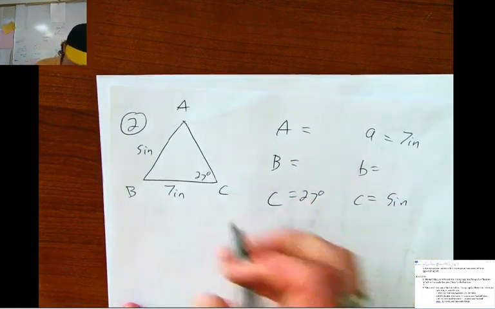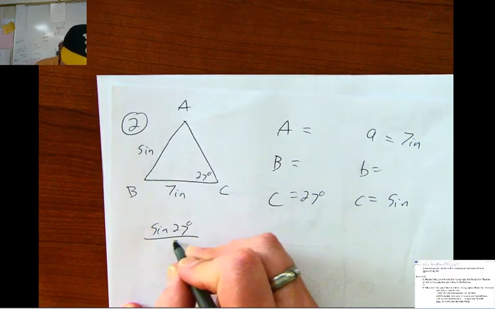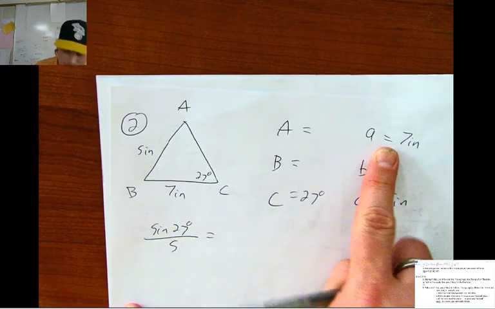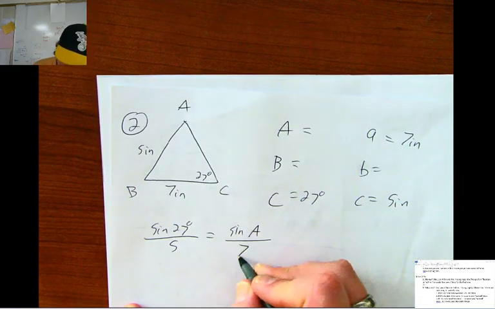Sine 27 degrees over 5 equals, based off this, I have to hunt for A first, so sine of A over 7.